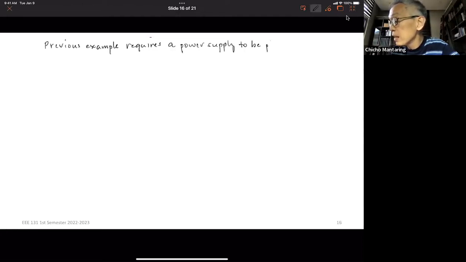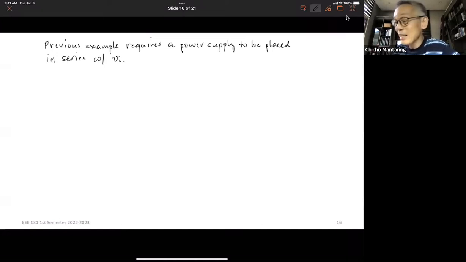So the previous example requires a power supply to be placed in series with VI.